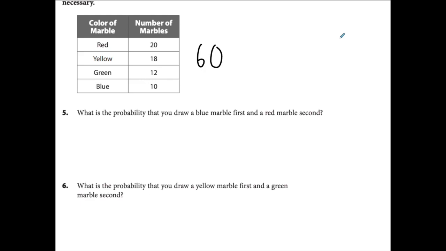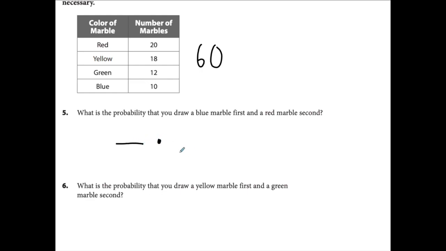So in this example 5, what is the probability that I draw a blue marble first and a red marble second? The fact that I've drawn a blue marble has no impact on my probability to draw a red marble, because the blue marble is put back, meaning I stay always at 20, 18, 12, and 10 for a total of 60 marbles.